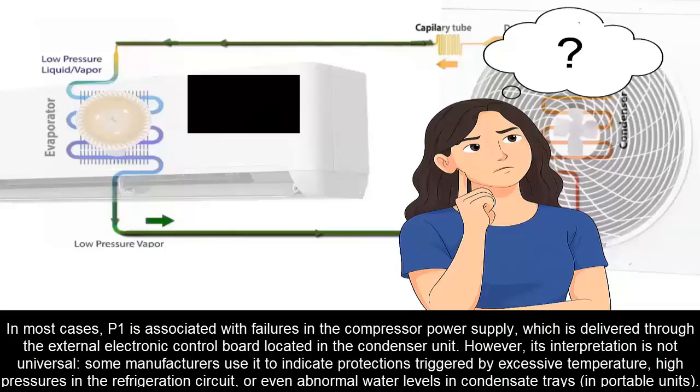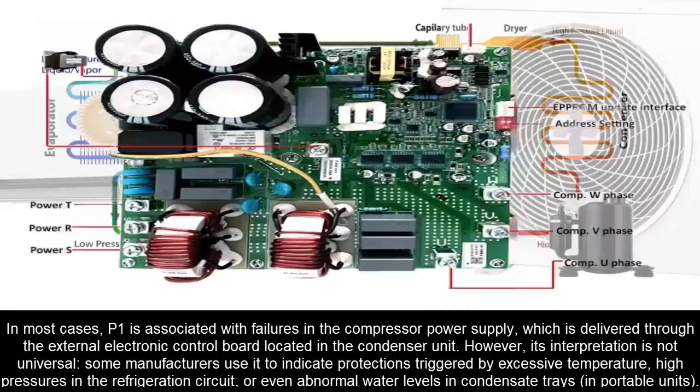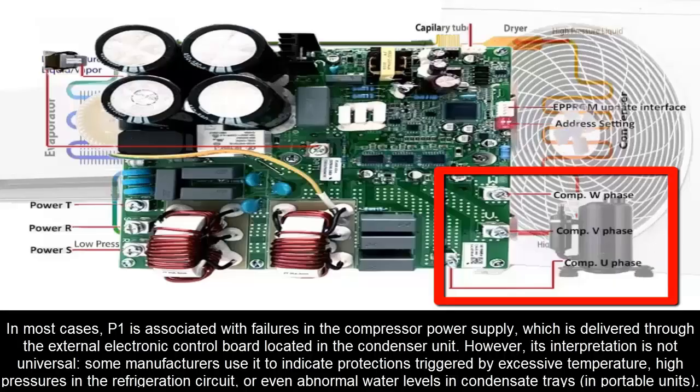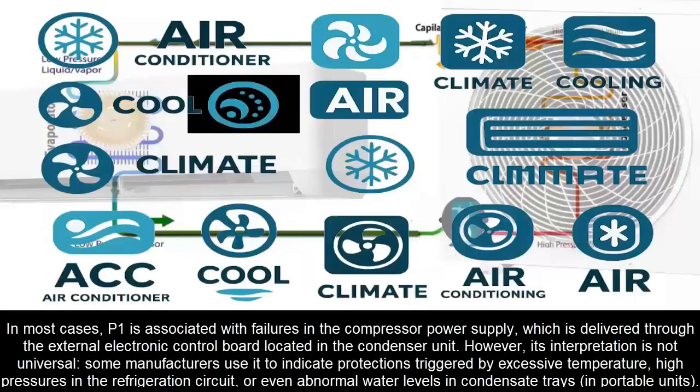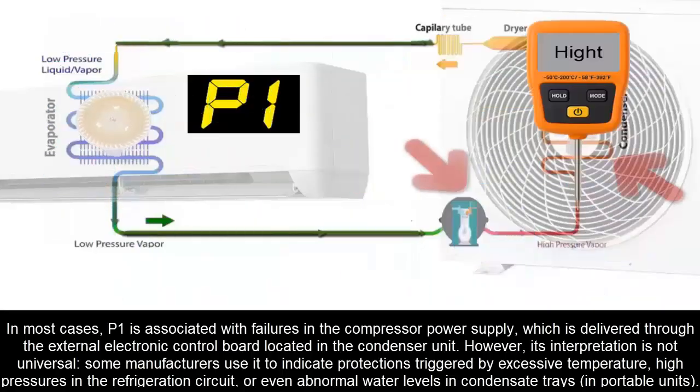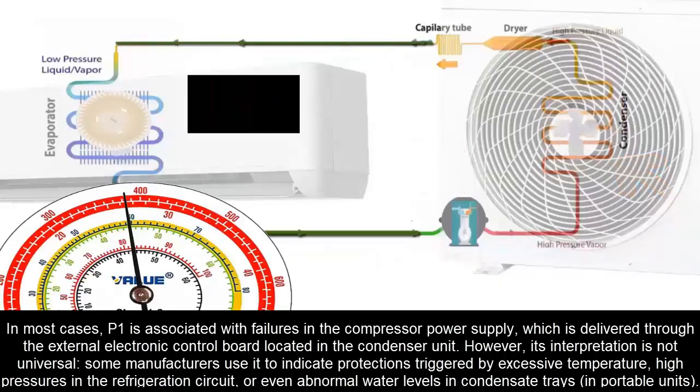In most cases, P1 is associated with failures in the compressor power supply, which is delivered through the external electronic control board located in the condenser unit. However, its interpretation is not universal. Some manufacturers use it to indicate protections triggered by excessive temperature, high pressures in the refrigeration circuit, or even abnormal water levels in condensation trays in portable units.